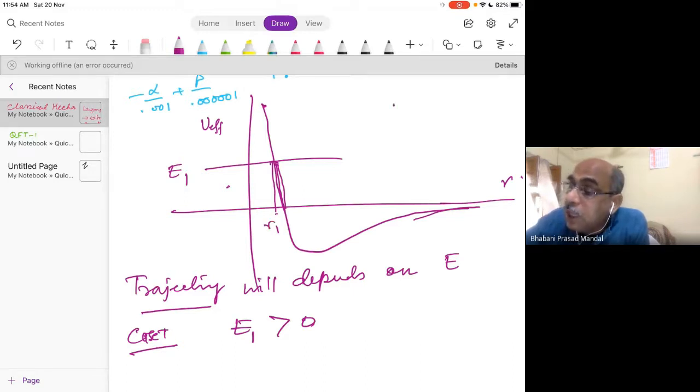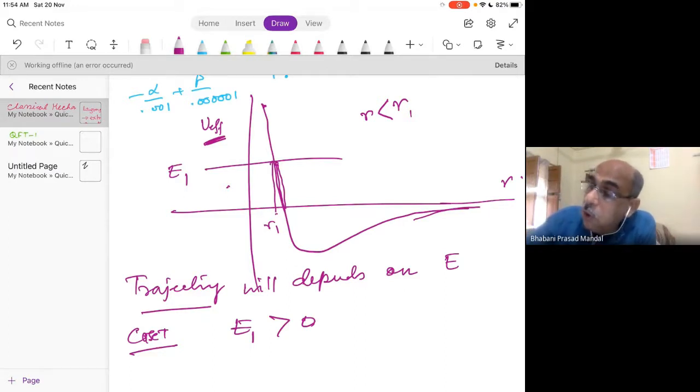The particle cannot have a position less than R1, because on this side you have more potential energy. This is your U effective. So the potential energy is more, and the total energy is constant. So the total energy E1 is this much. Then for R less than R1, the kinetic energy will be negative, which is not permissible, not allowed.